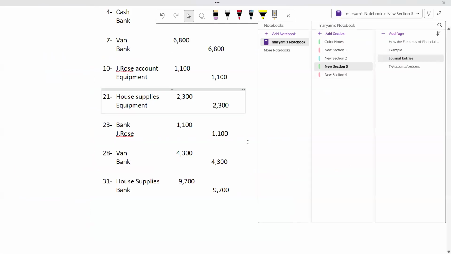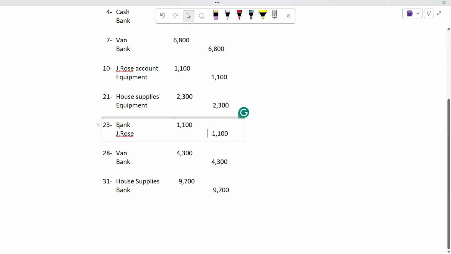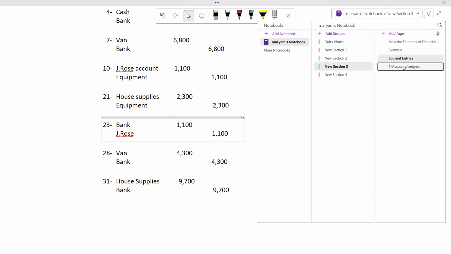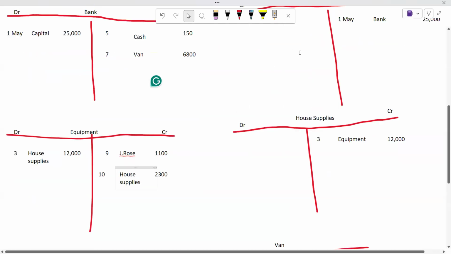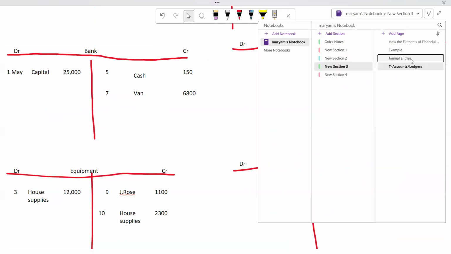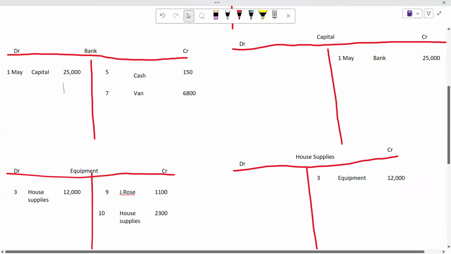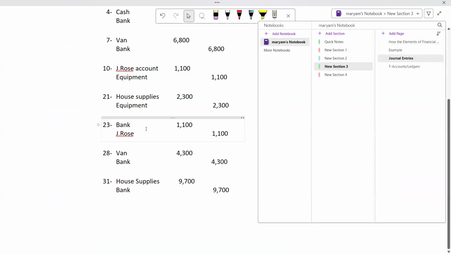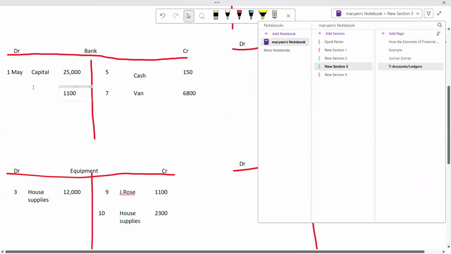Yep, we're good. Now it's time for bank and Joe's. Bank debit, Joe's credit for 1,100. Bank, I already have the bank account. Bank is debited for 1,100. The reason being Joe's.